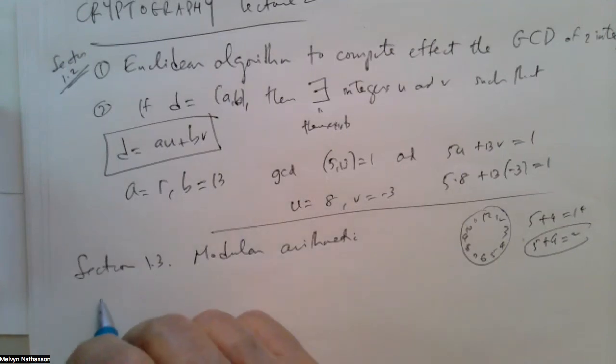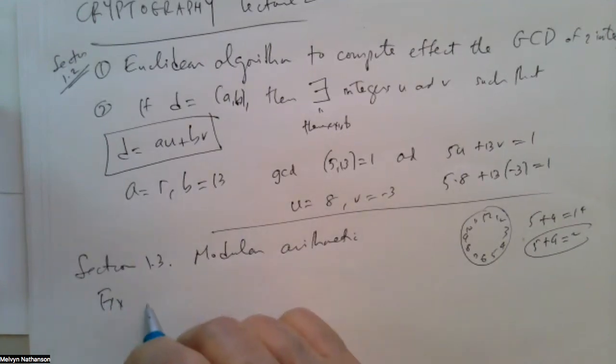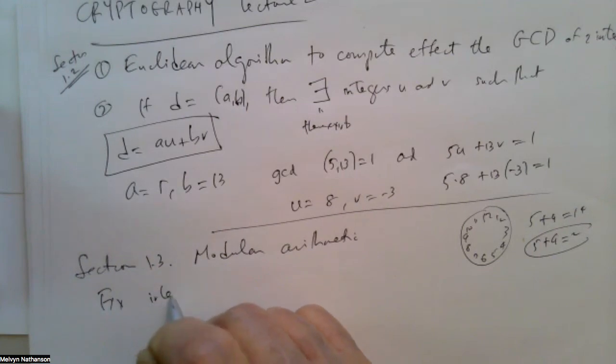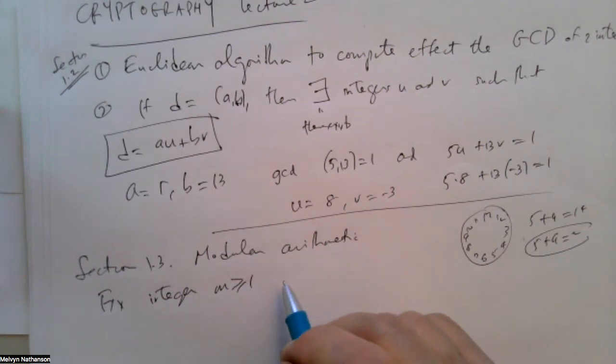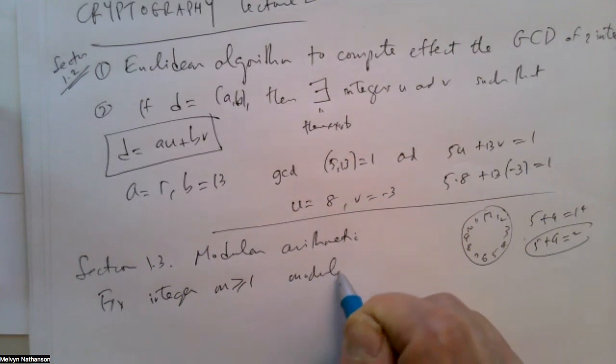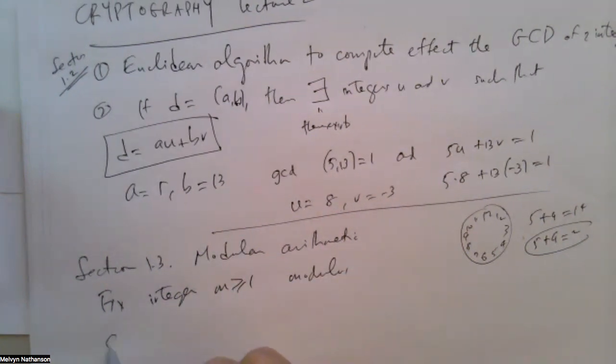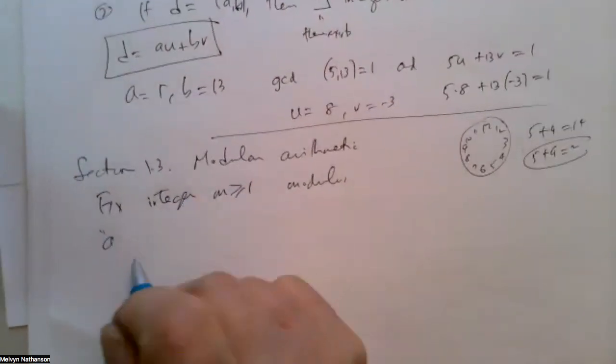Namely, we fix an integer m, positive integer, generally, in fact, m greater than or equal to 2, which is called the modulus. And we say that this is how we write it in words.